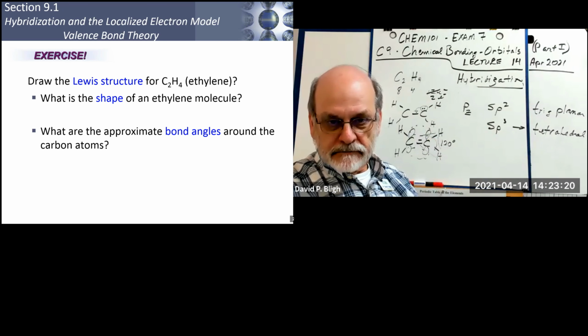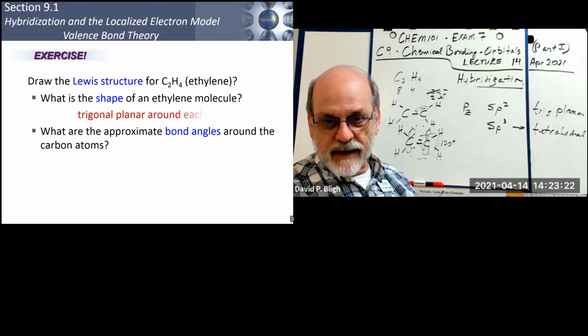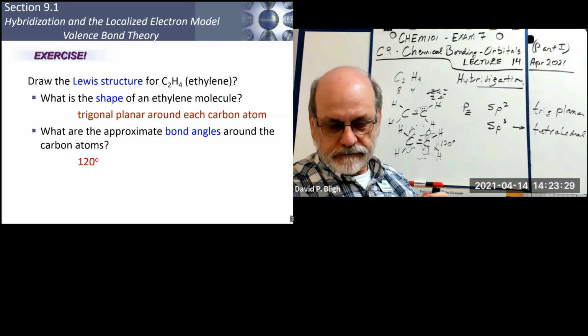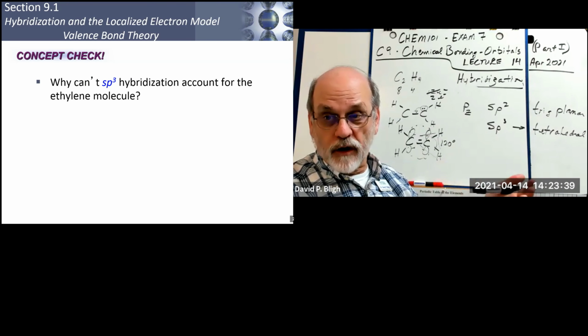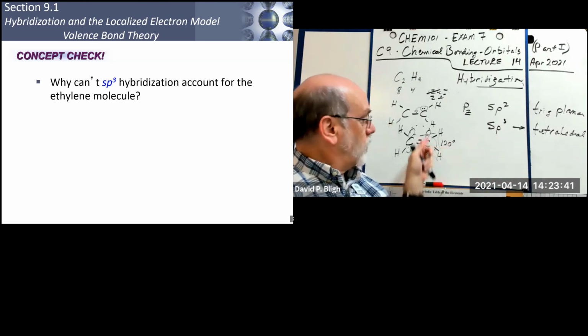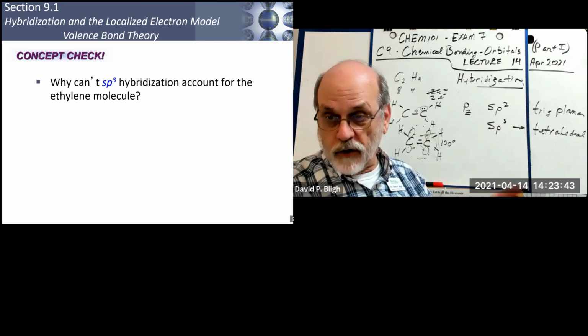All right? So there's your shape. And there's the expected bond angle. Like that. So we don't need sp3 because that would give us 4 equivalent orbitals, and we don't have 4 groups, right?